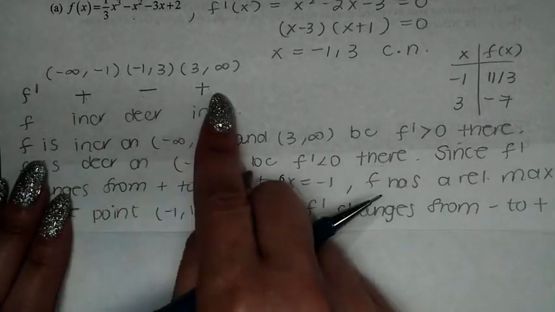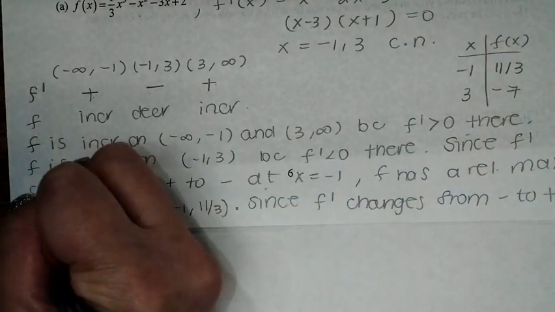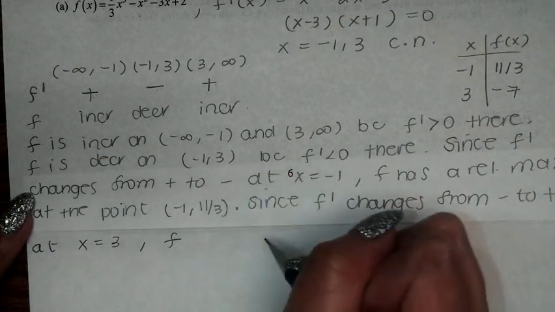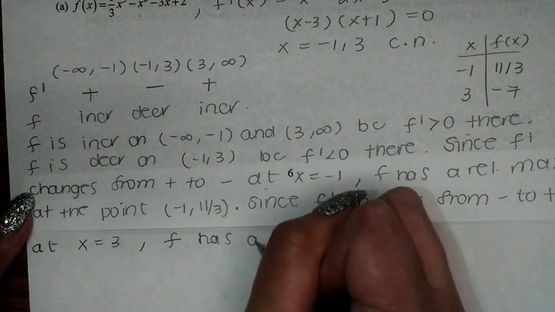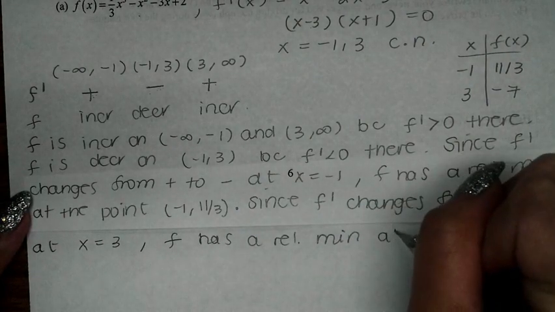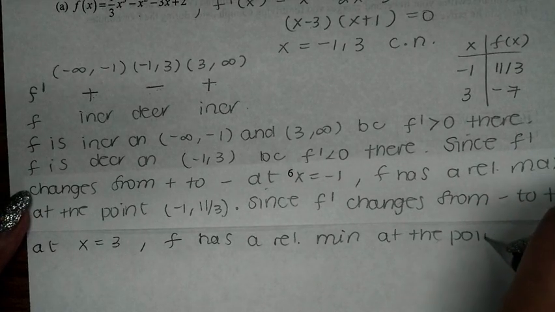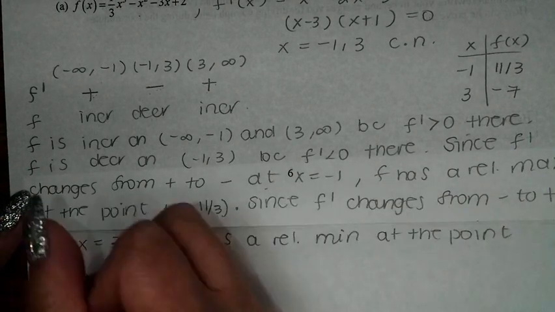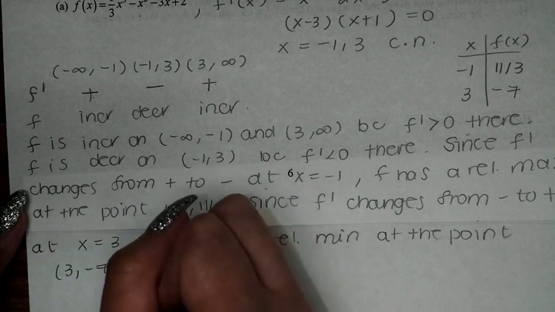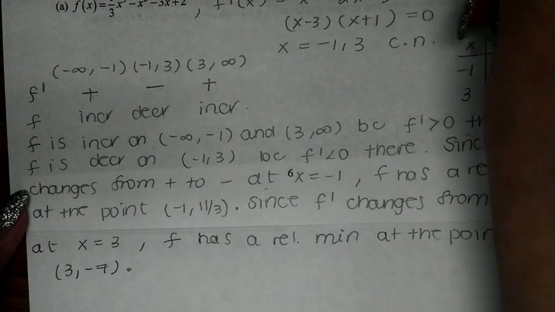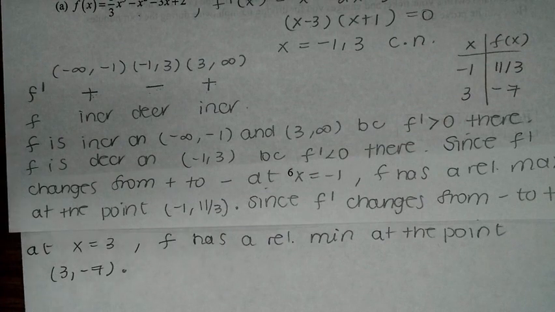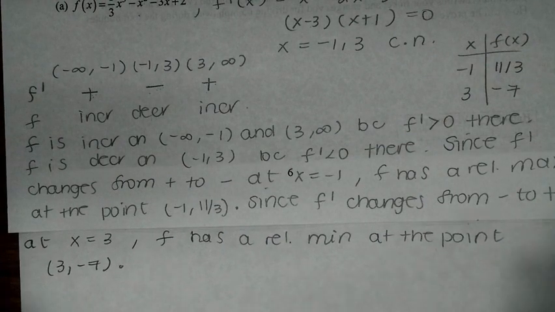Negative to positive at x equals 3, we can conclude that f has a relative min at the point 3, negative 7. Okay, so that's what we have, relative minimum, max, and we did justify our answer. So this is your answer for this problem.